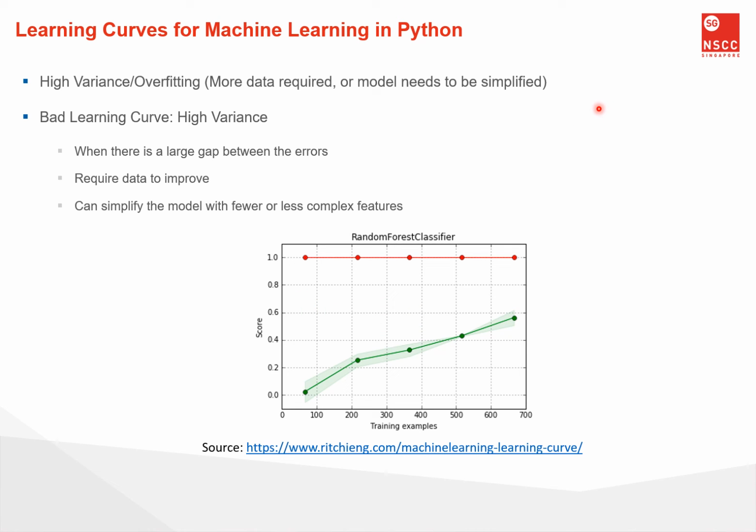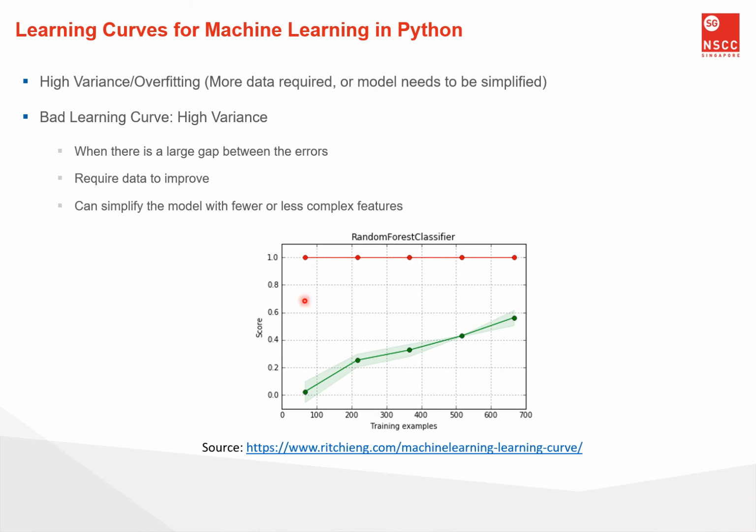The opposite scenario, overfitting, can also be shown in the learning curve. In this case, it's high variance, or overfitting. This shows us that we probably need more data, or we need to simplify the model in order to adjust the bias variance trade-off.